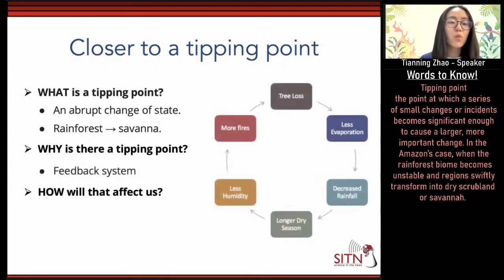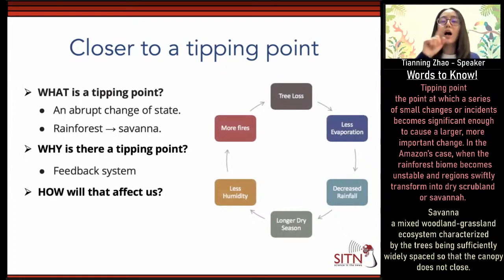The reason a tipping point exists is that this complex climate system has positive feedback. I will walk you through this whole cycle. If we get tree loss, which is deforestation, as a start, that will lead to less evaporation and transpiration through the trees, which will then decrease rainfall, based on the weather engine cycle that we talked about before.